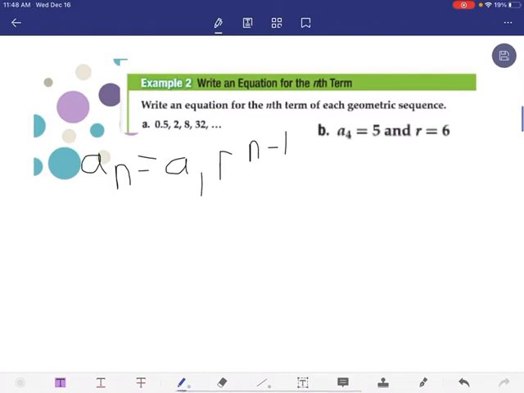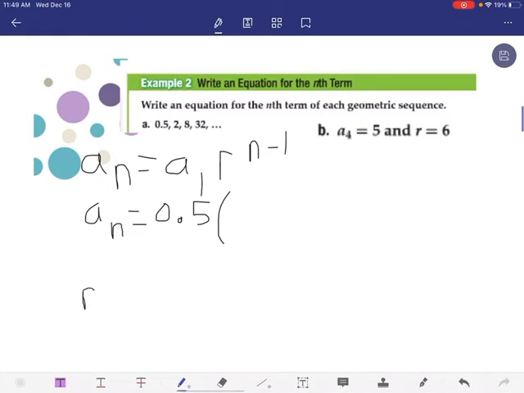Which means in order to be able to write a general equation, we need to know our r value and we need to know our a sub 1 value. Well, if we notice in the list, they give us our a sub 1 value as 0.5. And then we would need to find our r value.